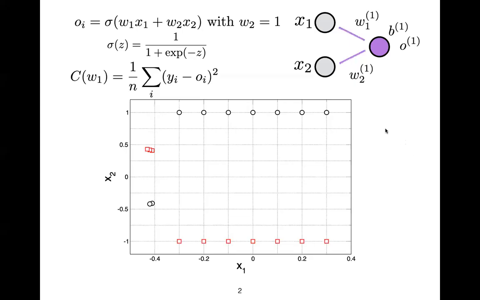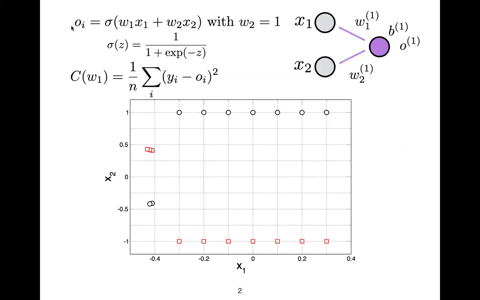Okay, this is an example. We have this neural network, X1 and X2, two inputs and one output. There are three parameters, W1, W2, and B1. In this case, let W2 be equal to 1, and I believe we also let B1 be equal to 0.